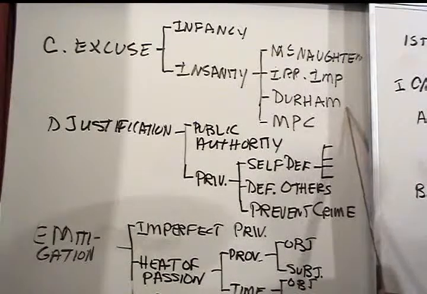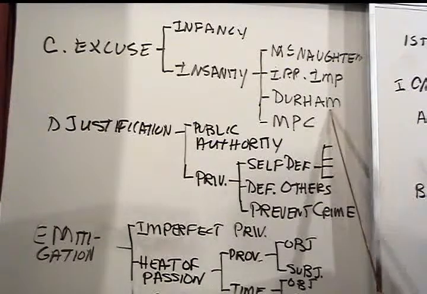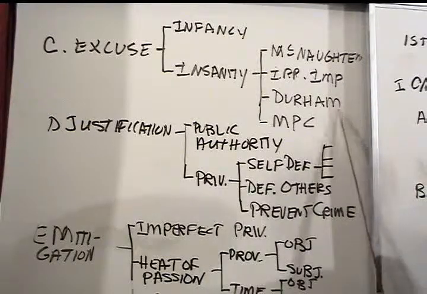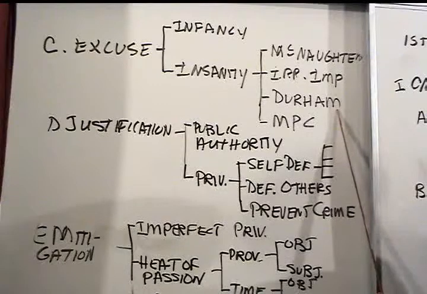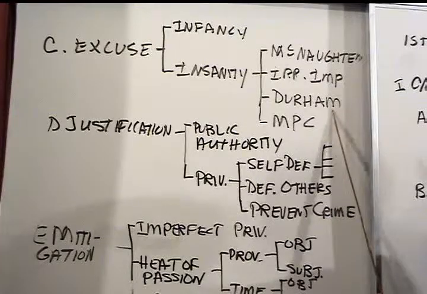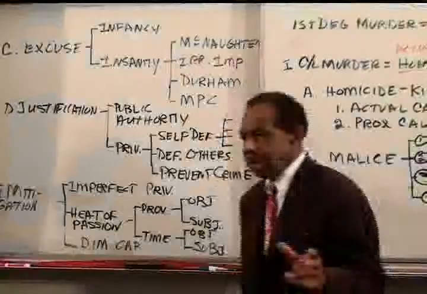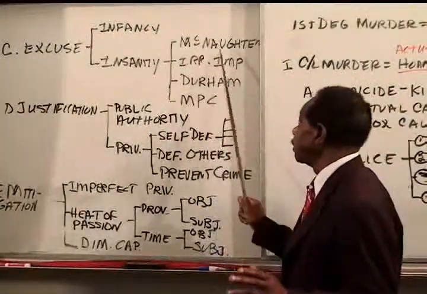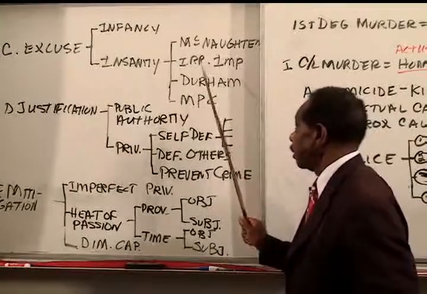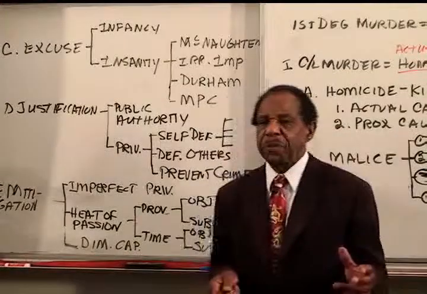Durham says the conduct has to be the product of a mental disease or defect, and again, the previous institutionalizations would be used to decide whether or not the nature of this person's disease is such that he does this to people. And finally, the Model Penal Code. Once again, the standards of the Model Penal Code are really softened standards of McNaughton and irresistible impulse combined.